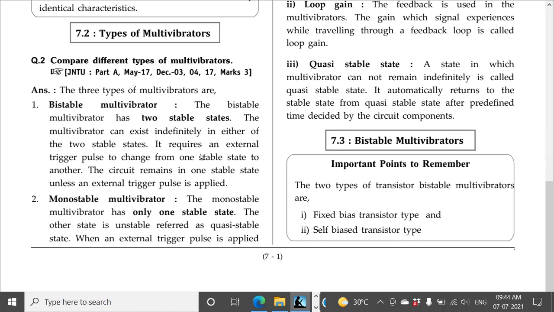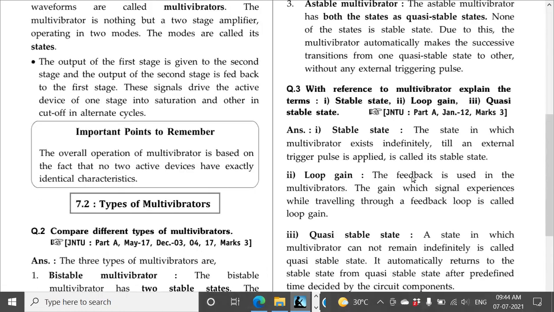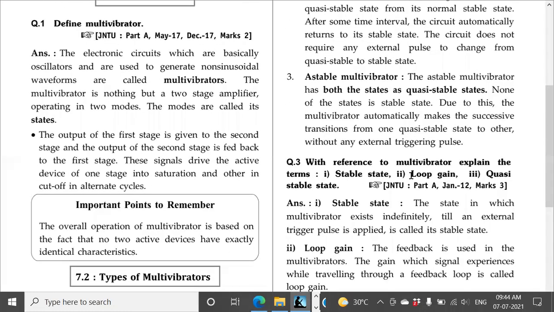It will automatically switch back. Now let us say when we turn on, initially the astable multivibrator output is high. High is not a stable state, it is a quasi stable state, so it will switch to low.